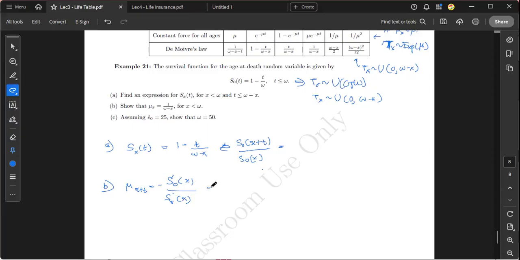So it gives, for this one, 1 over omega, and c over omega. Now since it's x, this should be x, and eventually it will become 1 over omega minus x.